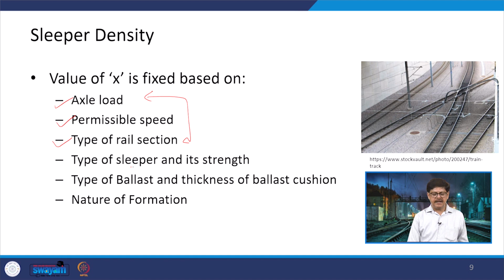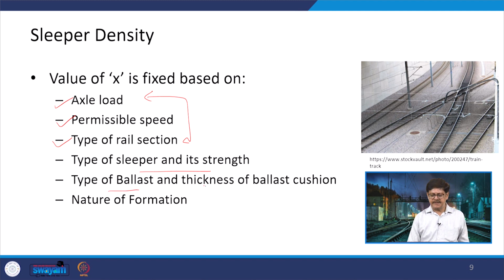Type of the sleeper and its strength. There are a number of types of sleepers, but nowadays, as I said, we are using concrete sleepers, and within the concrete sleepers it can be pre-stressed concrete, post-tension concrete, or any other form. So, there again the strength parameters will be different.